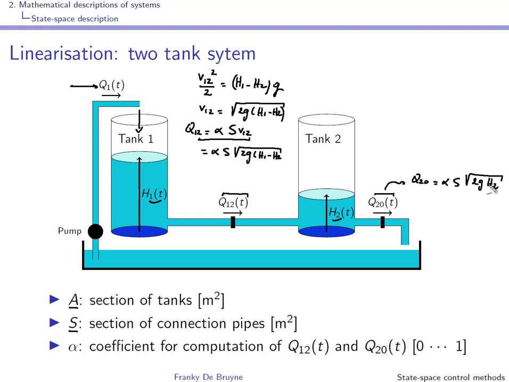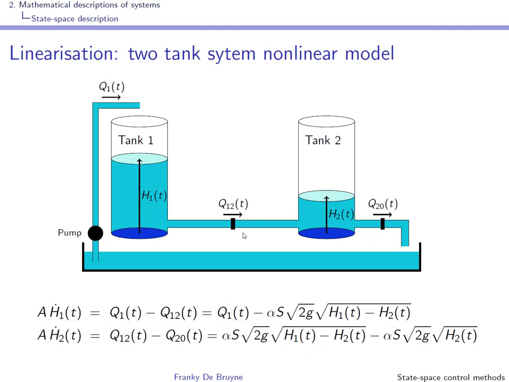So the first step is to write the nonlinear equations. The variation of the volume, which is the section times the variation of the height, is equal to Q1, the flow that's coming in, minus the flow that is coming out. We have just seen that Q12 can be written like this.